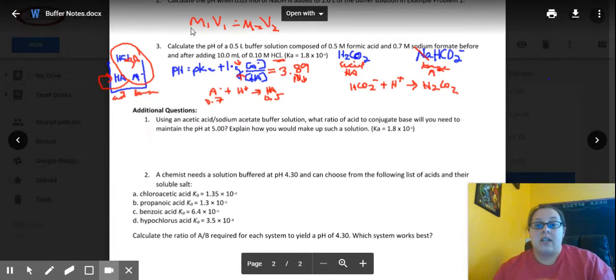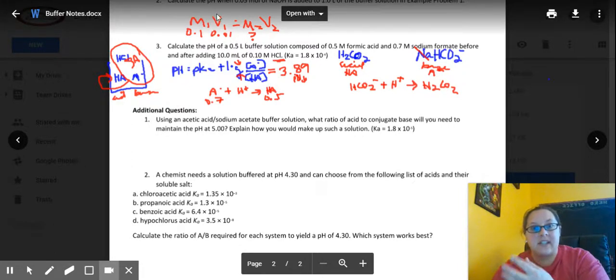So M1 is going to be 0.1. V1 is going to be 10 milliliters. We need to put that in liters, so 10 milliliters will be 0.01 liters. M2 is what we're solving for, and V2 would be both of these volumes combined once they're mixed.